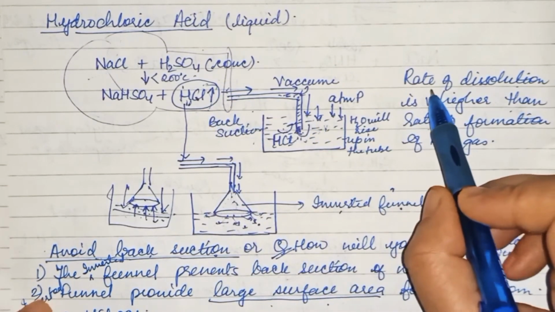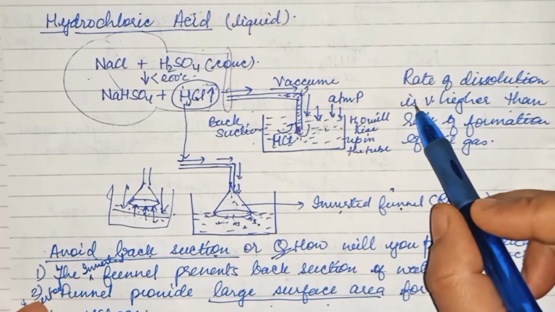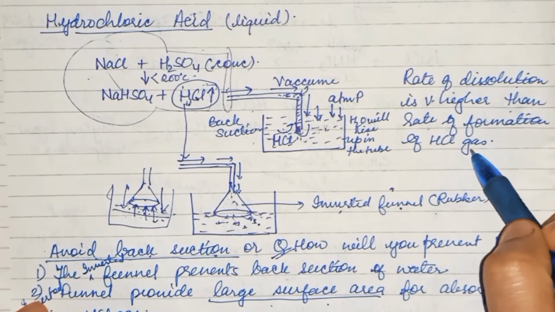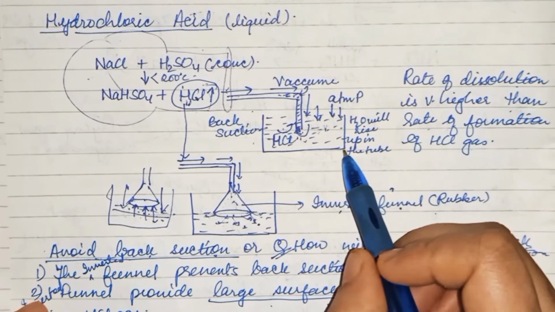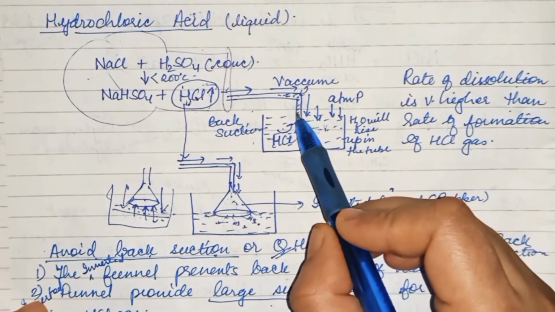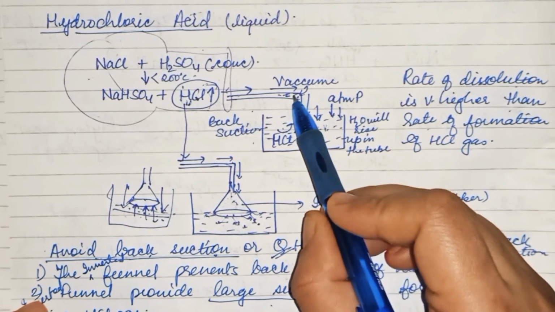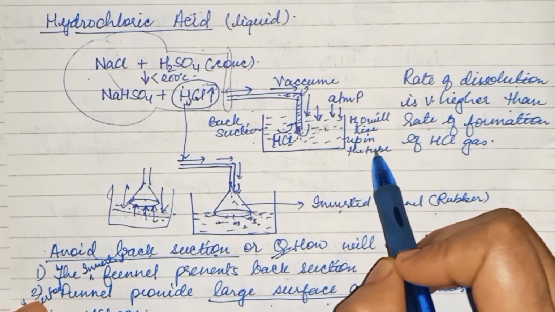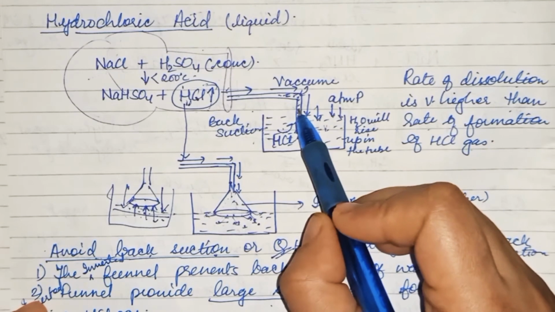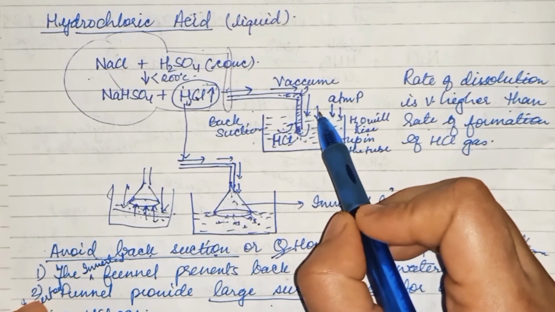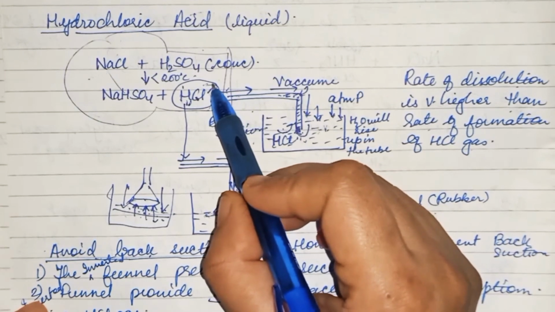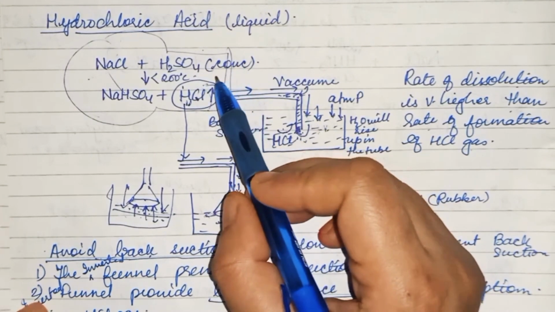So here, children, the rate of dissolution of the gas is much higher than the rate of formation of HCl gas. Due to this, a vacuum is created, and due to the vacuum, atmospheric pressure is high. So water will rise up in the tube because vacuum is there and atmospheric pressure is more. It will move inside the tube, reach the apparatus and may damage it.